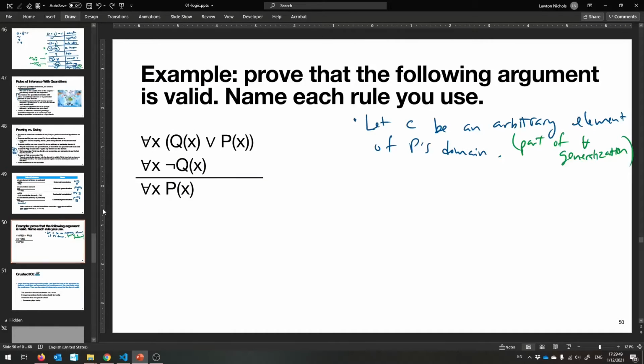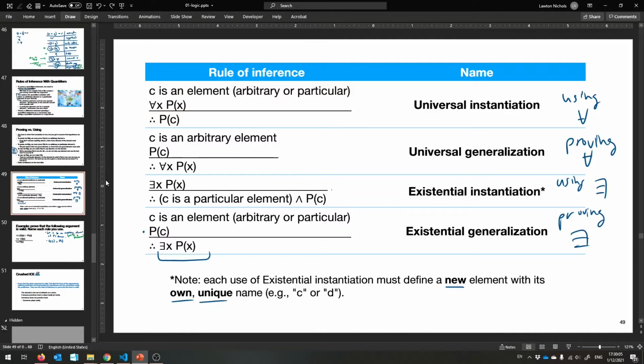Because I got my C, now I know that Q of C or P of C must be true, because I'm going to use this and C and universal instantiation.